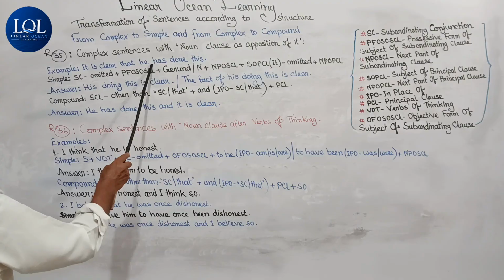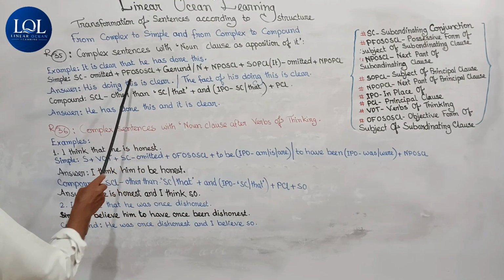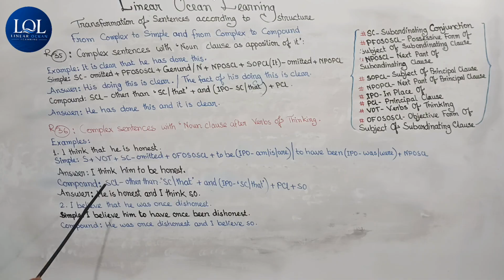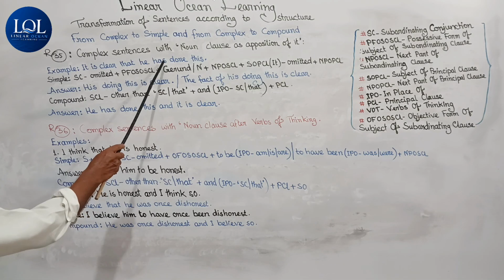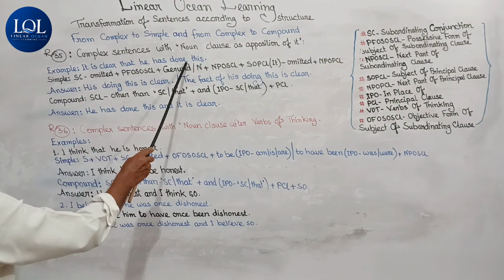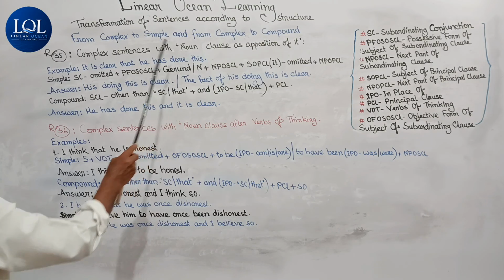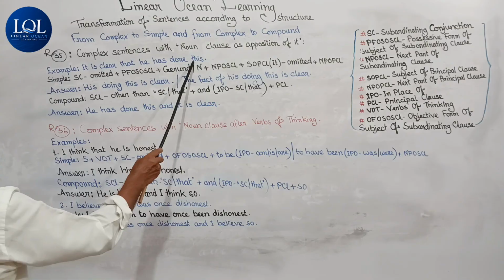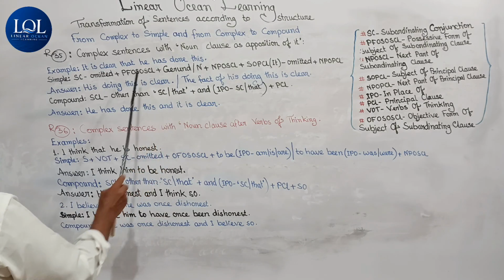Then here the verb is "has done" and its ing form is "doing". In the case of present perfect tense, it will be verb-ing, that is, with the principal verb we have to put verb base plus ing. Then the next part of the subordinating clause is "this".